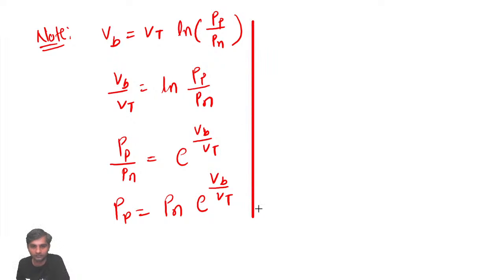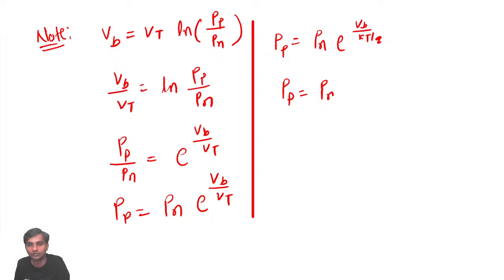You can simply write Pp is equal to Pn into e power Q Vb by KT.